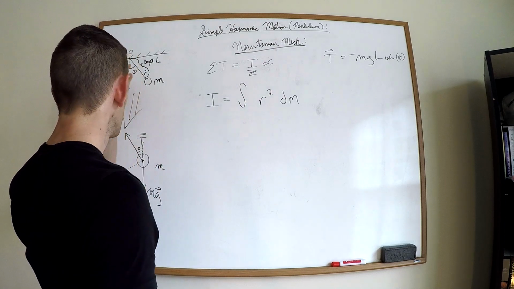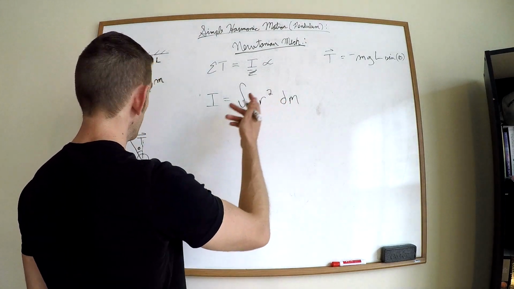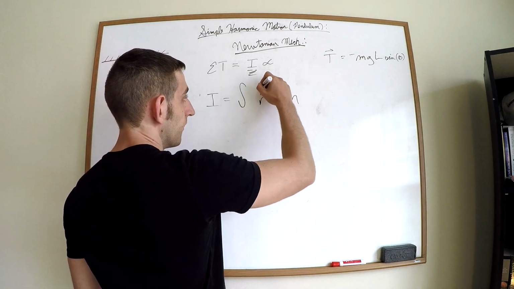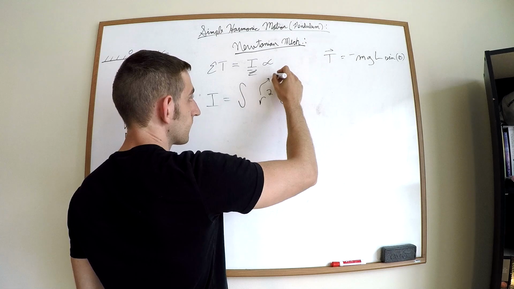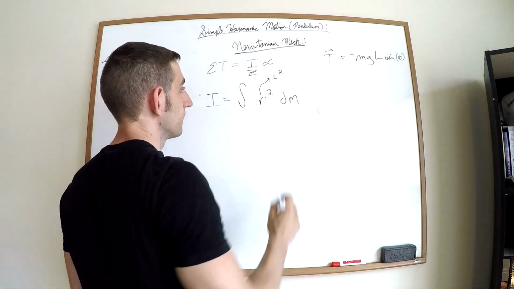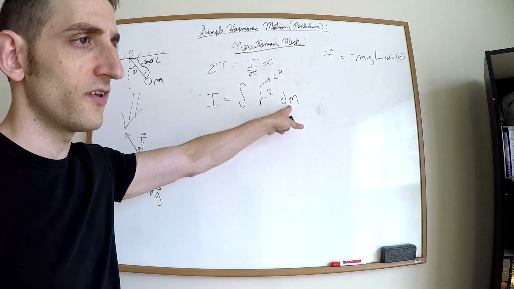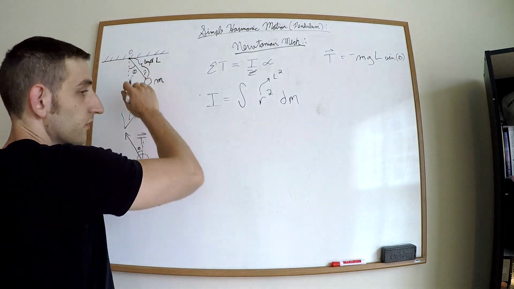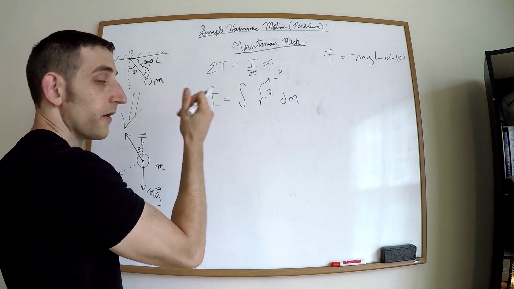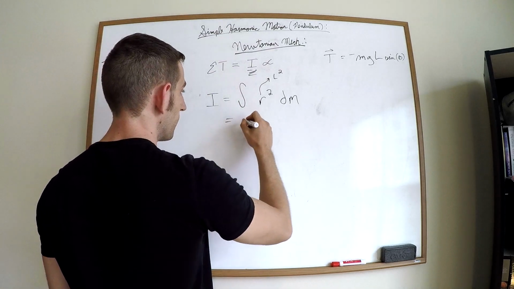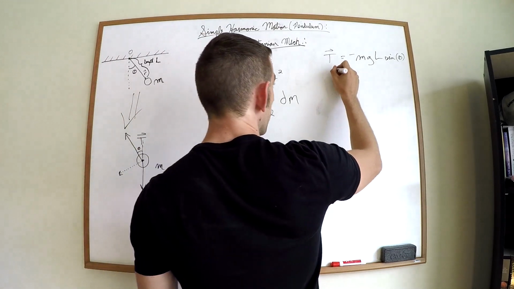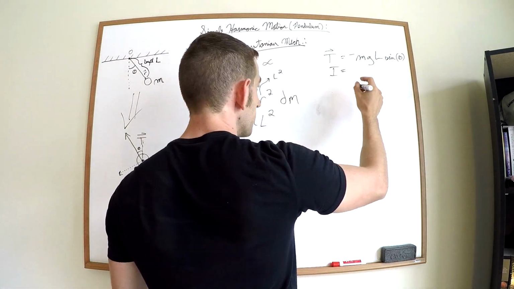In this case, this is L, so it's L squared. The integral just turns into a sum in essence, and we get that point mass. So we just have mL squared.